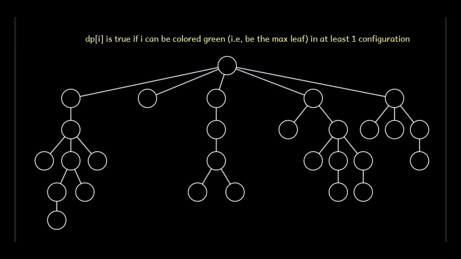With the reasoning that we have discovered, suppose you want to populate dp of r. Let's call this node r. First you find out a quantity called max below.